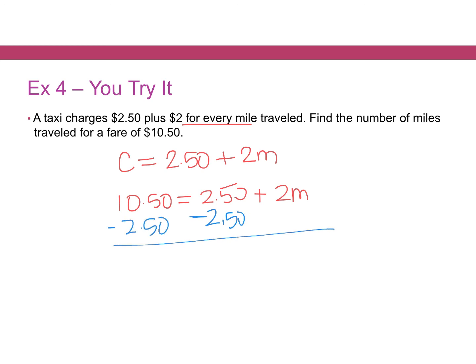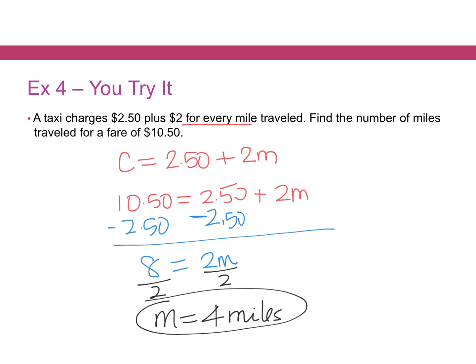And when I do that, I now get $8 equals 2M. If I divide both sides by 2, I now get M is equal to 4. And remember, we're looking at miles traveled, so this would become 4 miles.